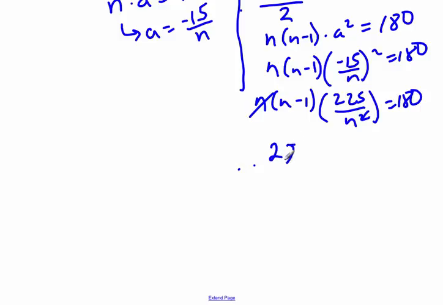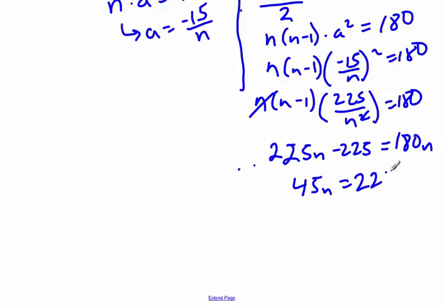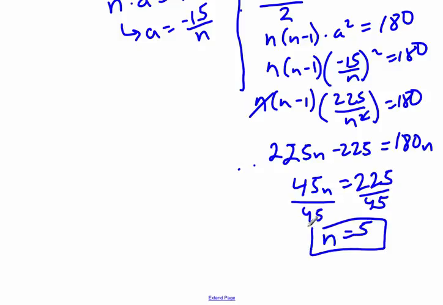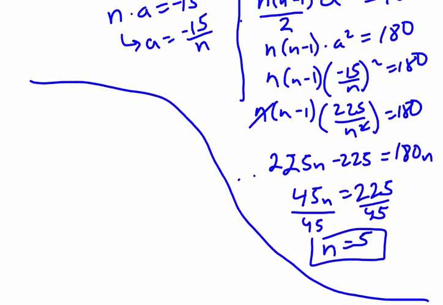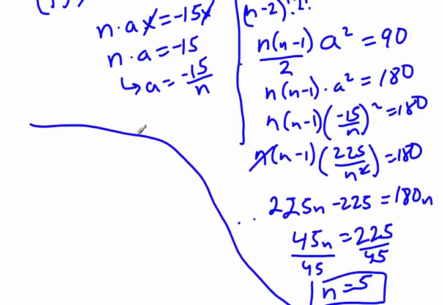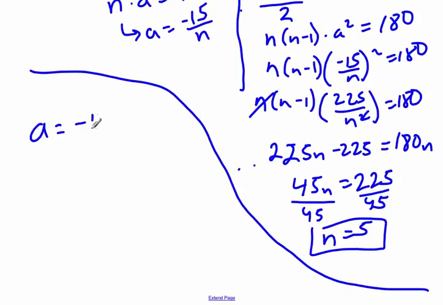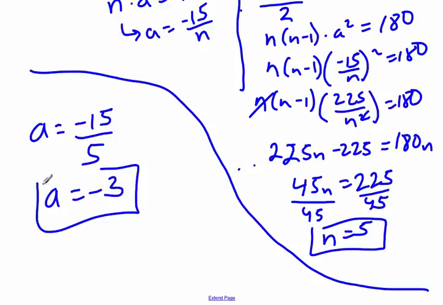And we'll have 225n minus 225 equals 180n. Okay, we can rearrange here and get 45n equals 225, and divide by 45, and we'll get 5, so n equals 5. So we're halfway there. We know n equals 5. We have to find that a value now. Oh, well, we have this little equation right there. a equals negative 15 over n, so negative 15 over 5. So a equals negative 3.